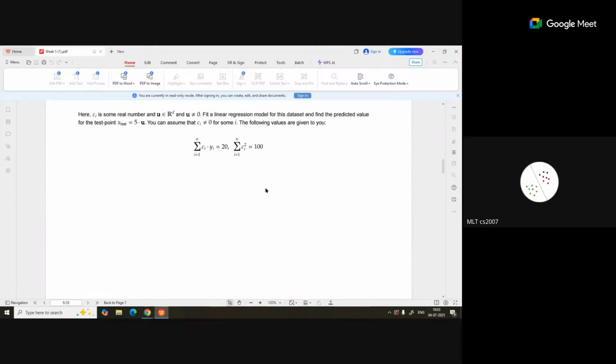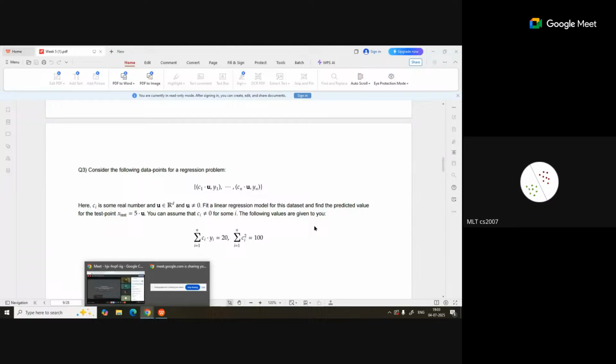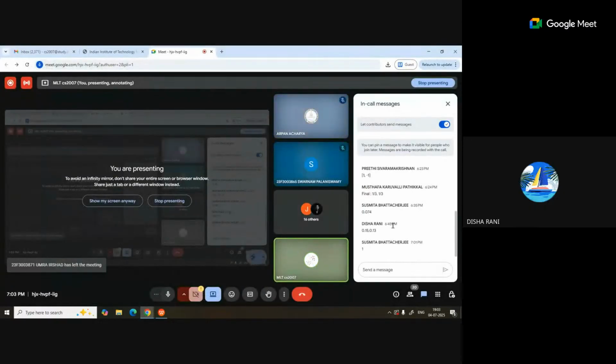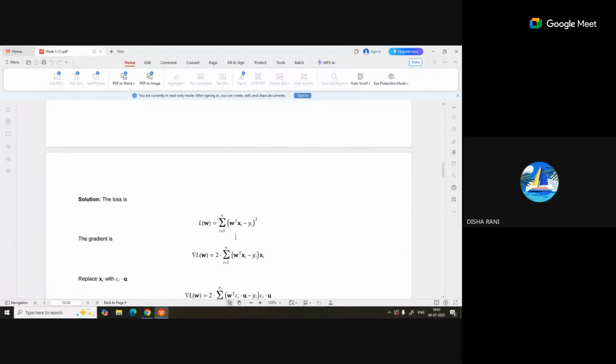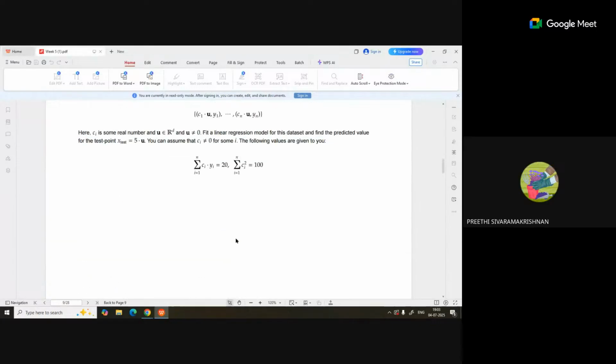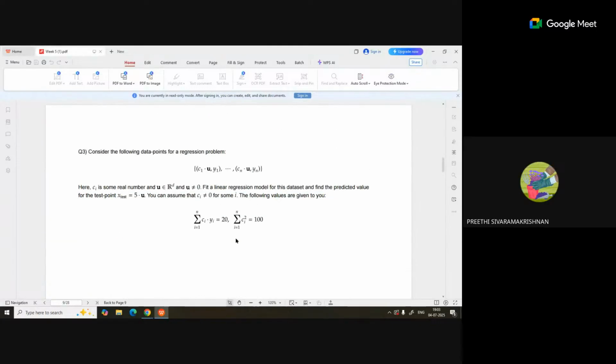Shall we proceed to this question? Let me see the answers. Okay, so Shmita has given an answer. Sir, could you please discuss? Before we discuss, I just want to ask you: instead of CI, we just substitute it and take the derivative, and then we find the W star, is it?